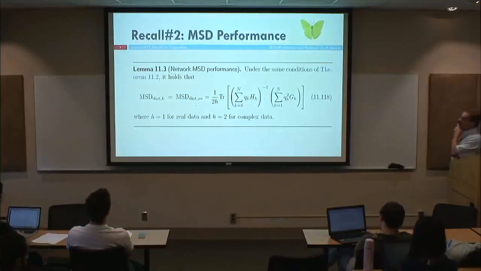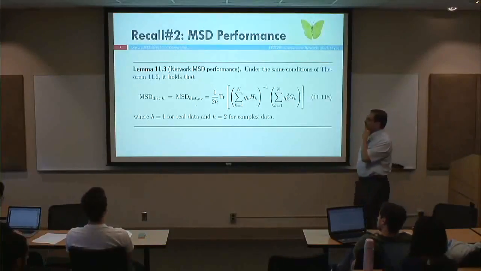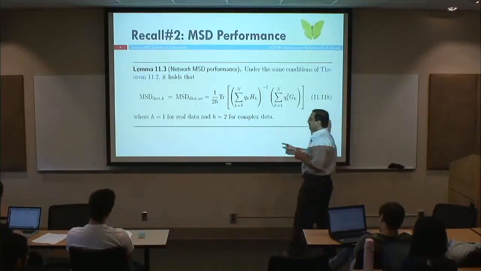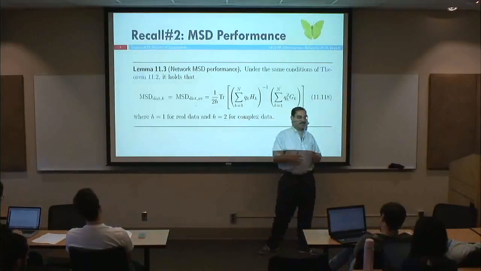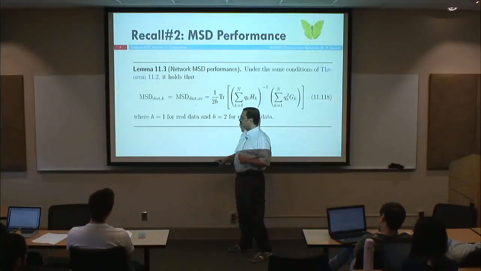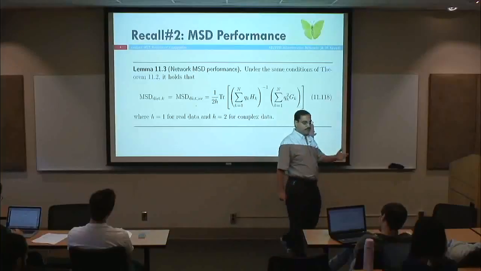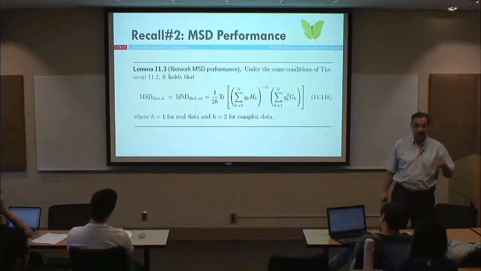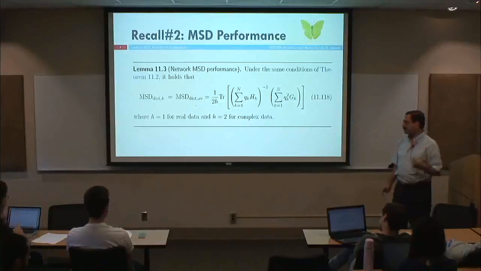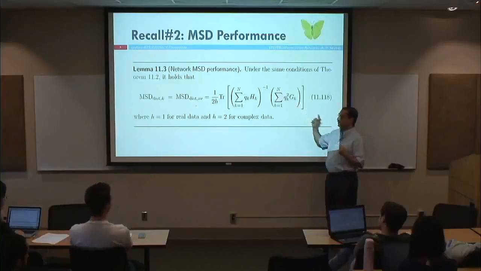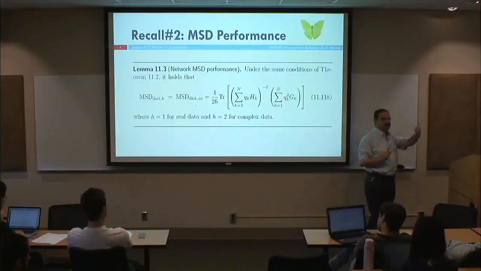And this is the performance expression we derived last time, right? So here you have the MSD, and you have a similar expression for the excess risk. This is the MSD over a distributed network, whether you are using consensus or diffusion strategies. This is the performance to first order in mu, or mu max, where mu max is the maximum step size. It depends on G's, on H's, and on the Q's. And remember that the Q's are related to the p's, right?